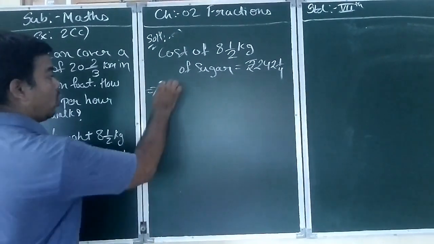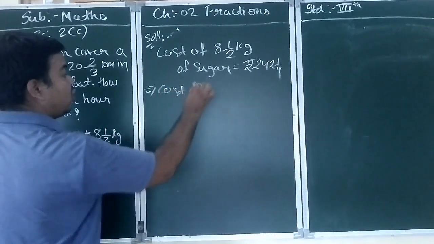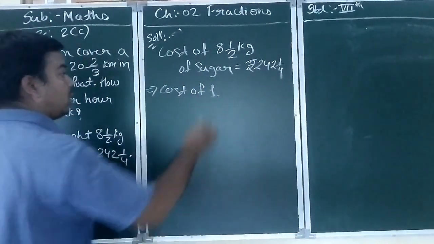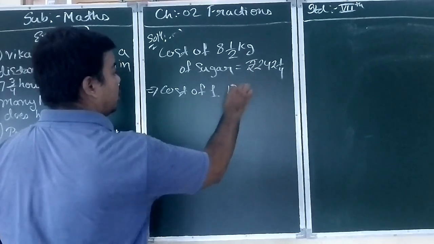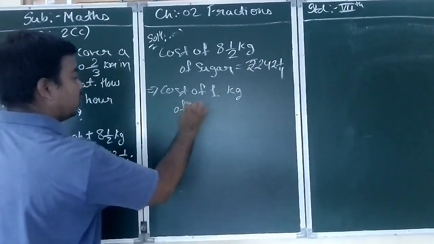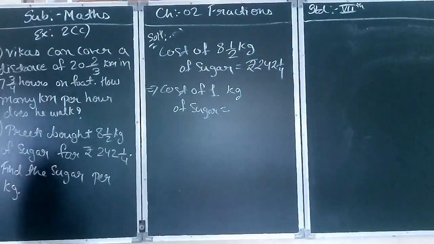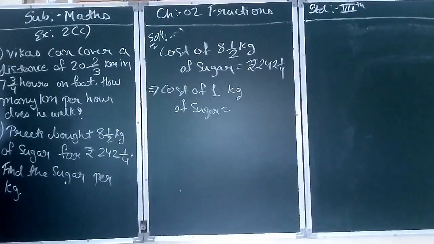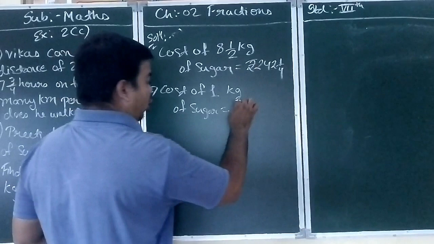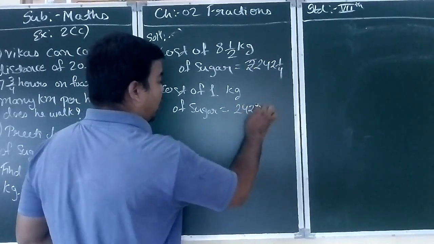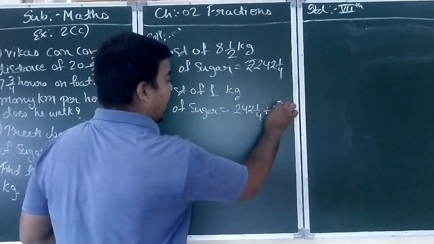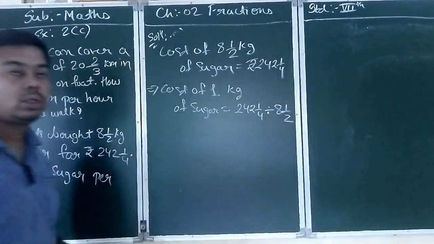So then cost of 1 kg of sugar. What do you do? 242 1 by 4 divided by 8 1 by 2.